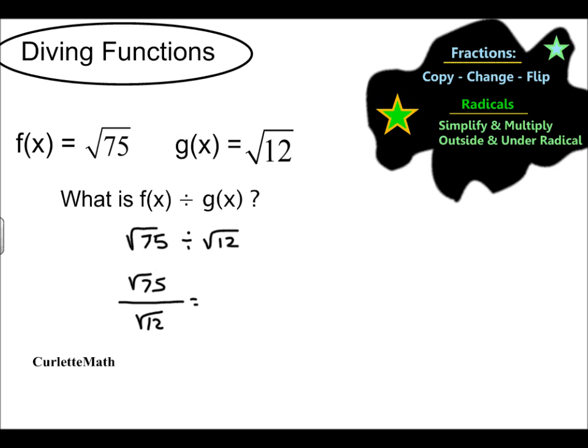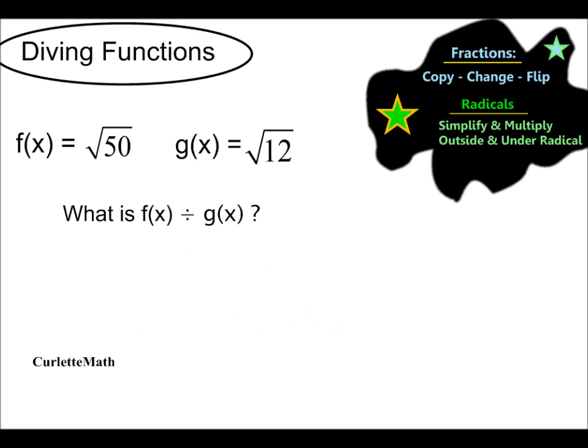Since we've broken down the square root of 75 so many times, we should know that that's 5 square roots of 3. The square root of 12 is 2 square roots of 3. And very nicely, our square roots of 3 will simplify down and go away. So all we're left with is 5 halves. So that worked out very nicely.